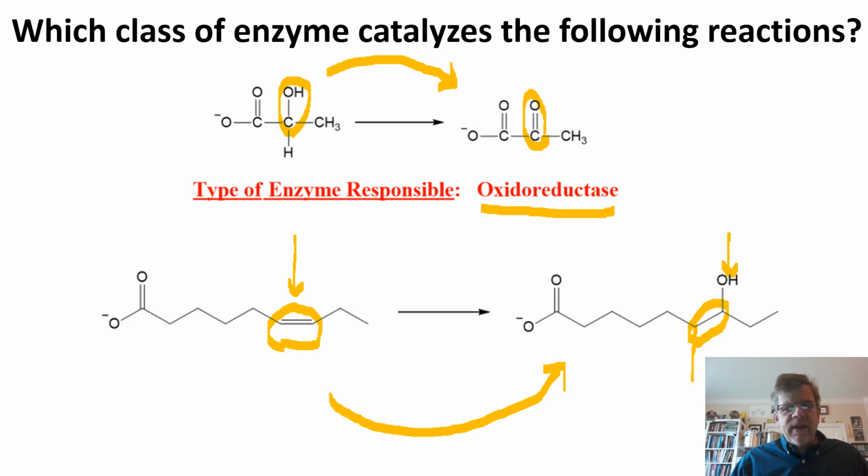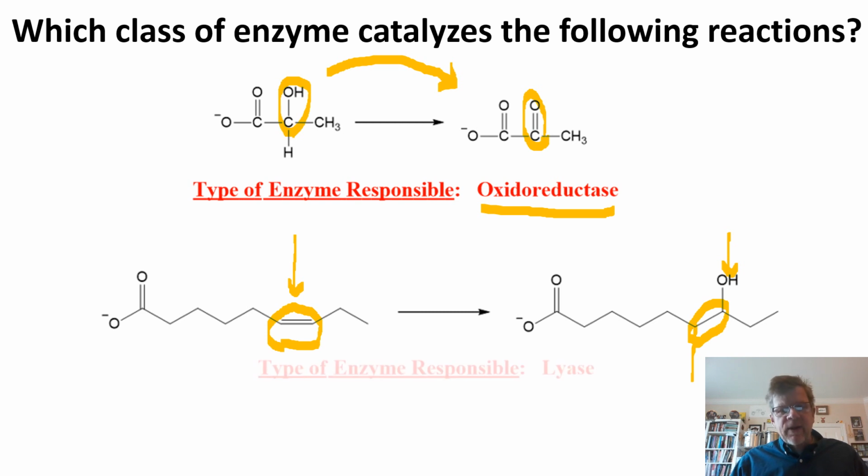The class of enzyme that would mediate this would be a lyase class of enzymes, because we recall that a lyase catalyzes the addition of water over a carbon-carbon double bond.